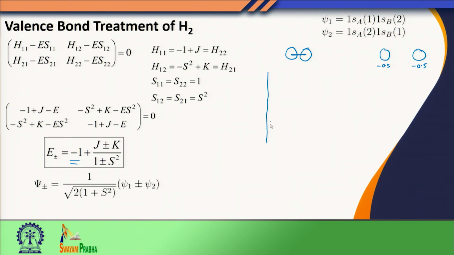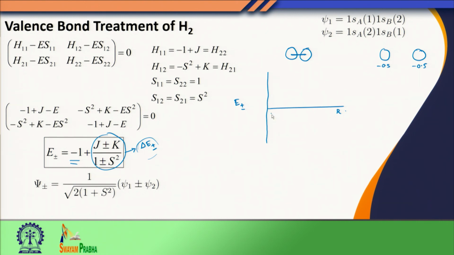If I have to plot this energy, let me call this function delta E plus or delta E minus, which is essentially the binding energy or the bond energy arising when the two hydrogen atoms interact. If this is my energy, E plus or E minus, and this is my r axis, the internuclear axis, at very large values of r, of course, these terms will become 0.